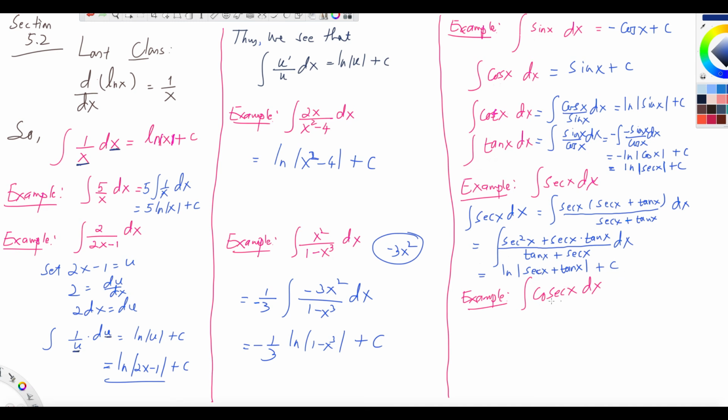So a similar trick will be used for cosecant x, okay? So this will be integral of cosecant x, or people also write CSC. Instead of cosecant, people also write CSC only, and the book also uses just CSC, okay? CSC x.